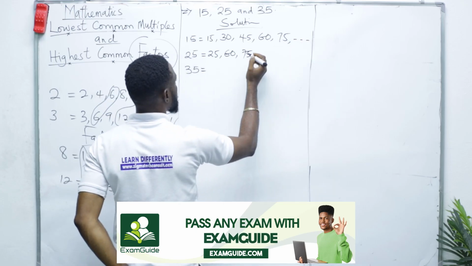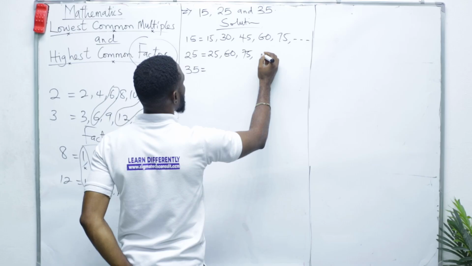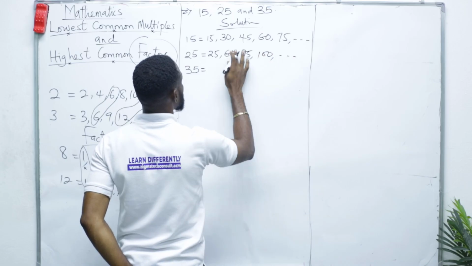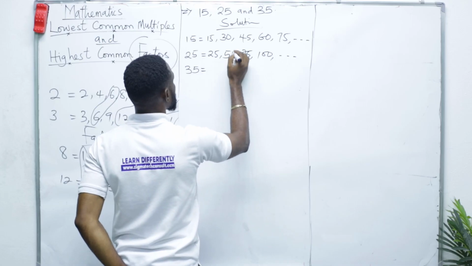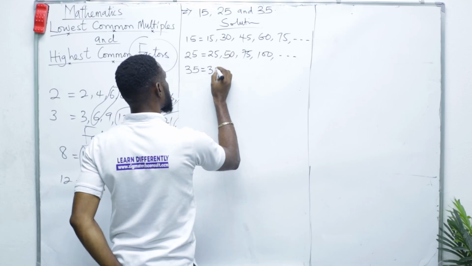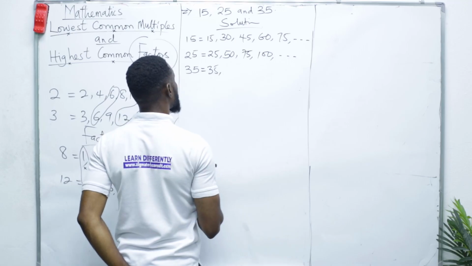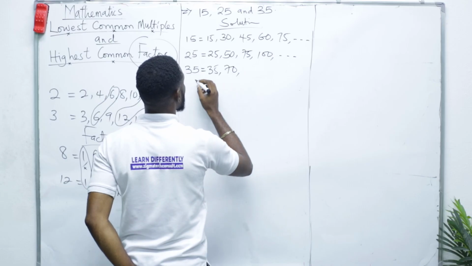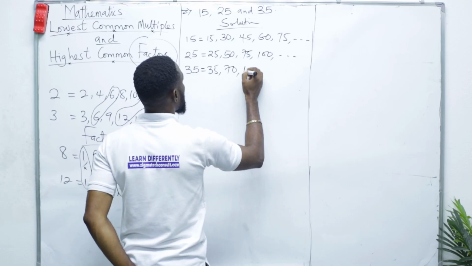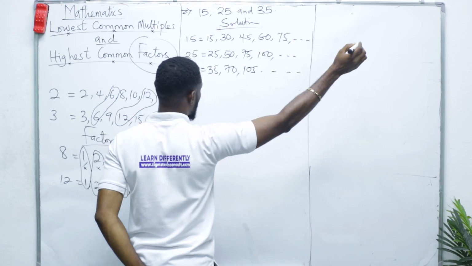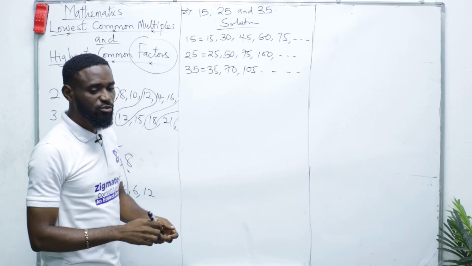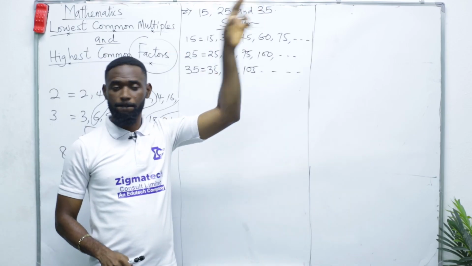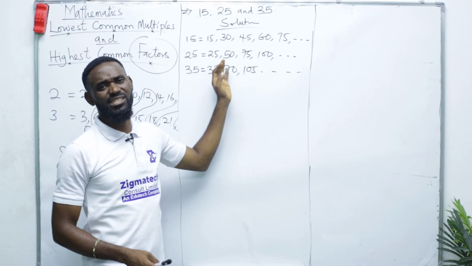Again, we have 100, and so on. Then here we have 35, 70, 105, and so on. So you can see that sometimes the multiples will be very far. The easiest way to do this, don't go through this route.